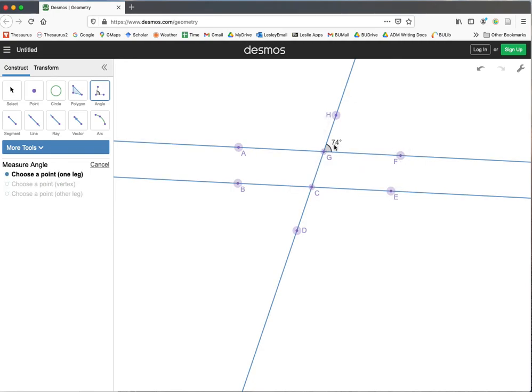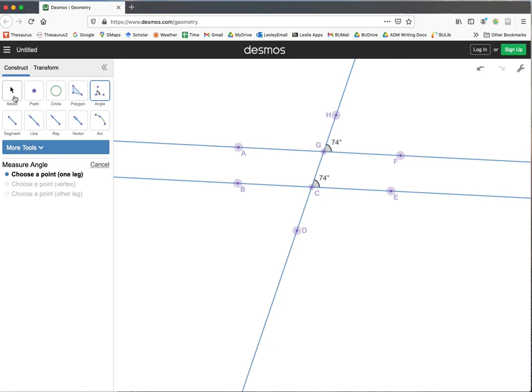Now, this is the upper right-hand corner. So I'm going to now go down and get the angle in this intersection that's also in the upper right-hand corner. That's the corresponding angle. So I'm going to click G, C, E, leg, vertex, leg, and now I see I've measured that angle as well.